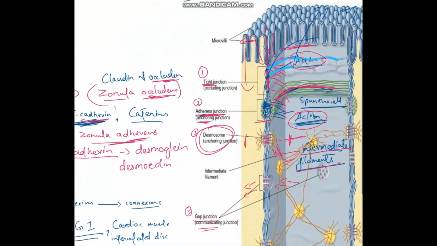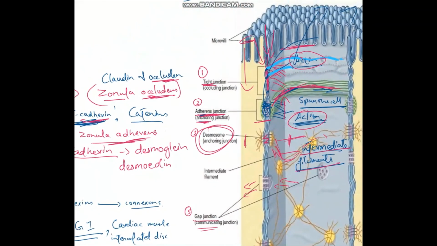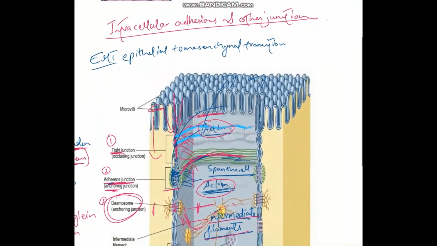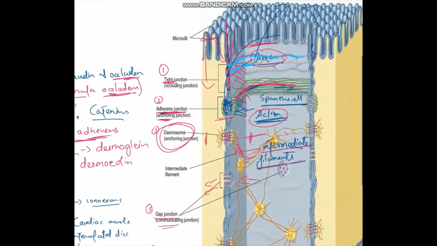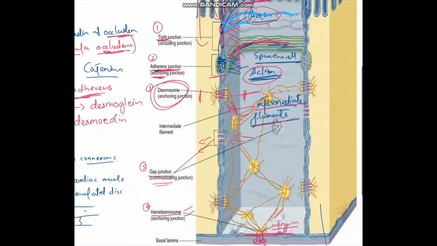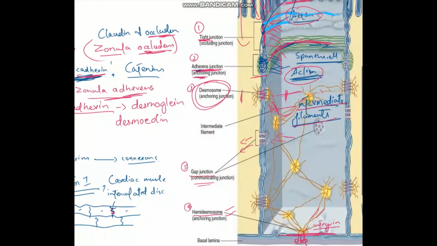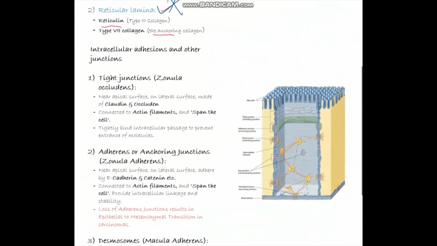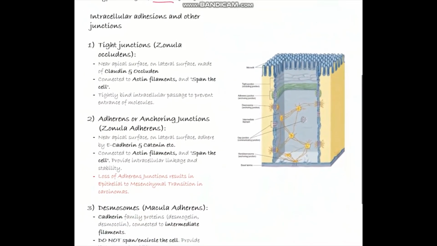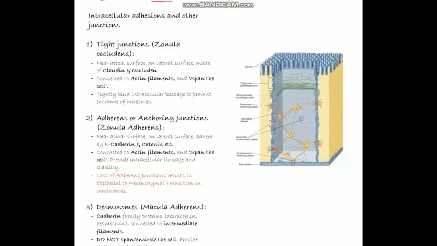So, so far what we have studied is that of the intercellular adhesions and other junctions, there are 5 major types that we have discussed: the tight junctions, adherence junctions, desmosomes, hemidesmosomes, and gap junctions, and all of their roles. So let's move on to our neat notes here. I'm just going to read them quickly for you. Intercellular adhesion and other junctions. Tight junctions, zonula occludens.